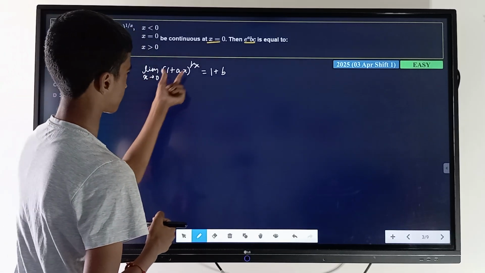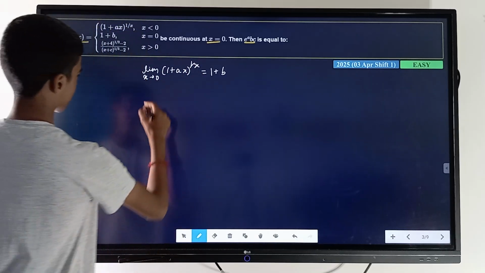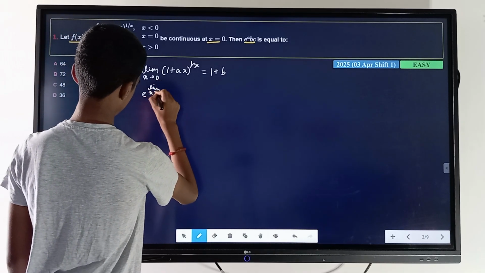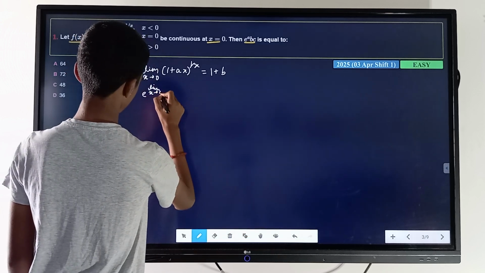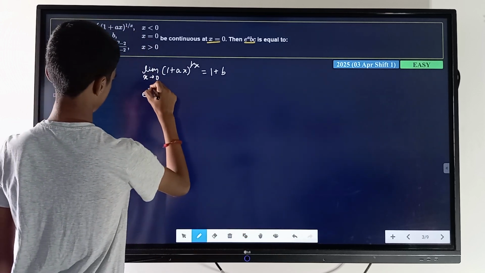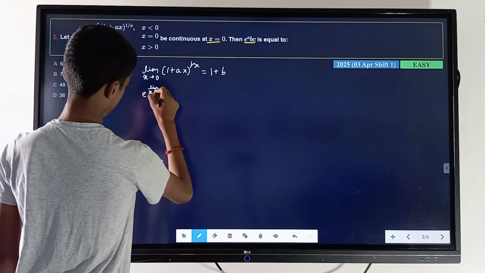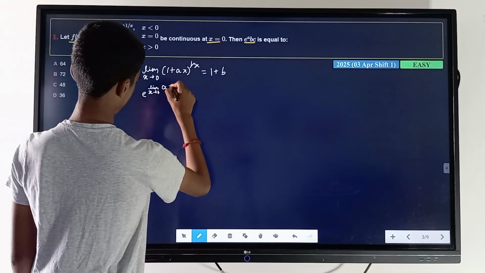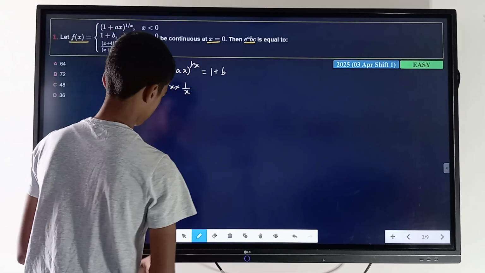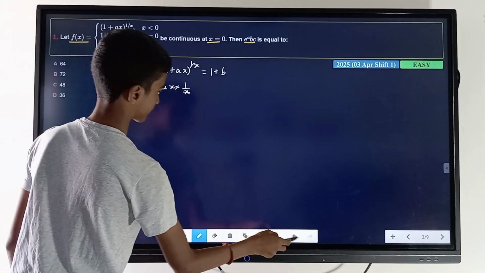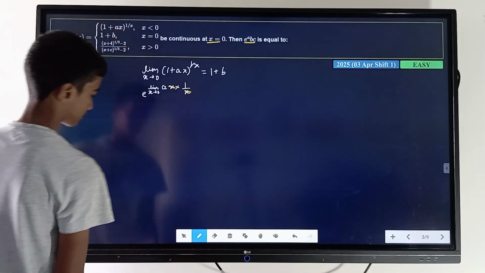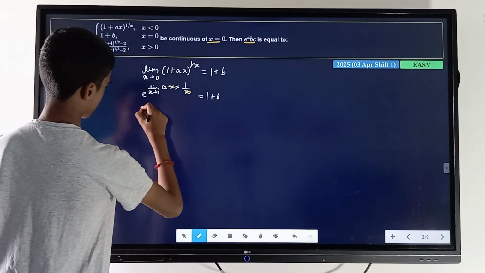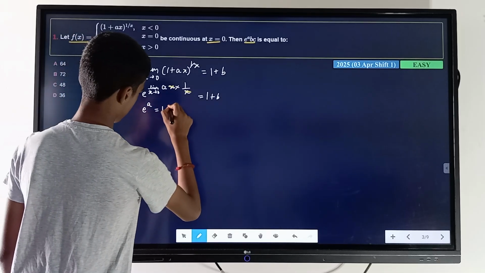Now clearly this is 1 raised to power infinity form, so we can write it as e raised to power limit x tends to 0 of (1 plus ax minus 1) into 1 upon x, so ax into 1 upon x. Here x and x will get cancelled. This is equal to 1 plus b. From here we will get e raised to power a is equal to 1 plus b.